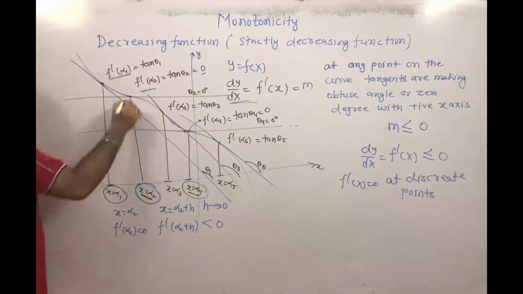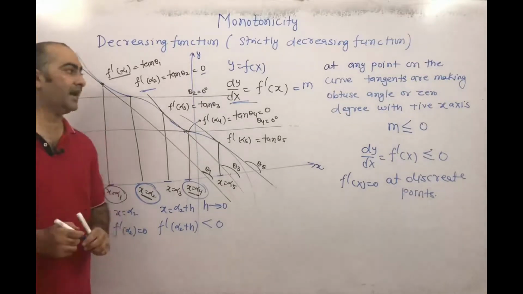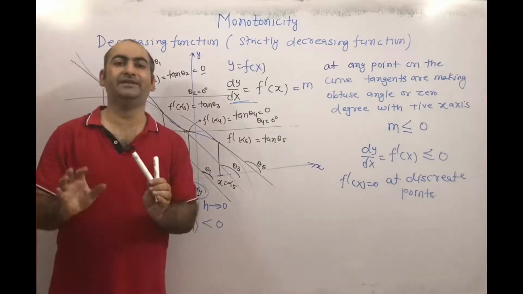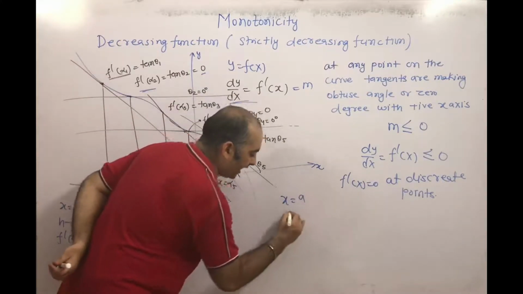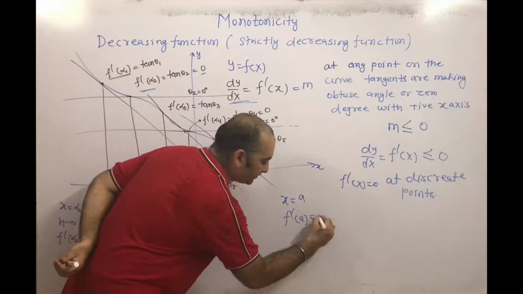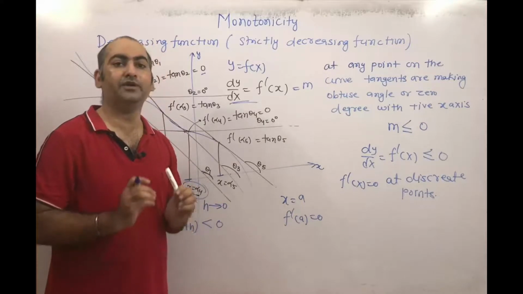Similarly, if I take any point on left hand side, so what will come? x equal to alpha 2 minus h, and here h is very small. And here also if you find out slope, so what will come? F dash alpha 2 minus h. Okay, for decreasing function this must be negative. Okay, so for discrete point, if you say at any point where f dash x is 0, so x equal to a, f dash a will be 0, then neighborhood of a, slope should be negative for decreasing function.